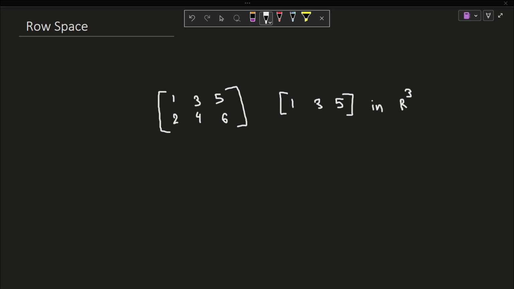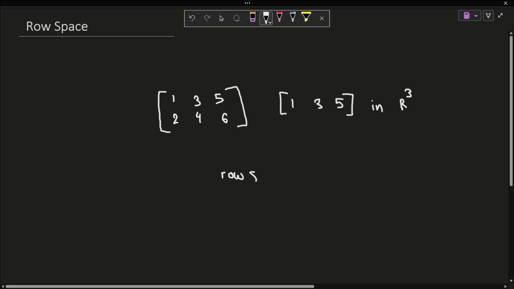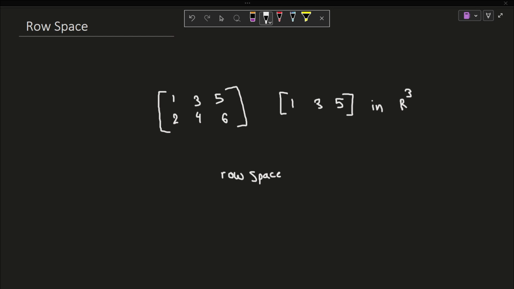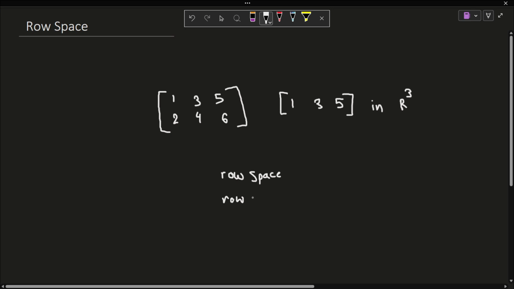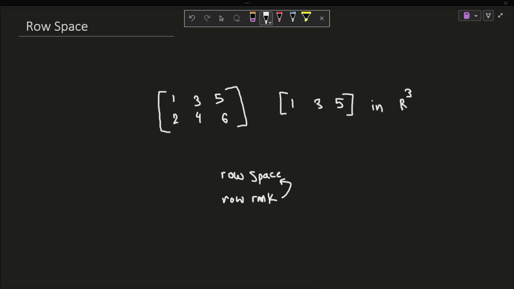And so we're going to call this subspace the row space of a matrix A. To formally define it, the row space is the subspace spanned by all the rows of our matrix. Another term to know is row rank, which is the dimension of our row space. That's very important to know.